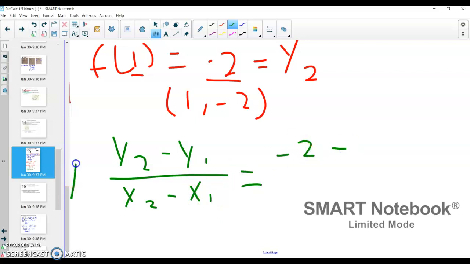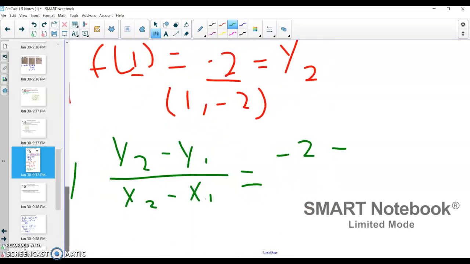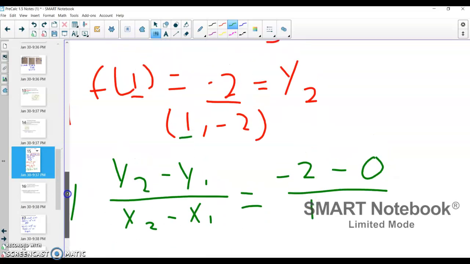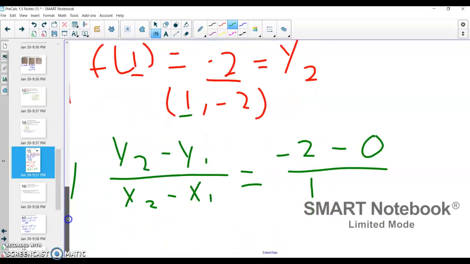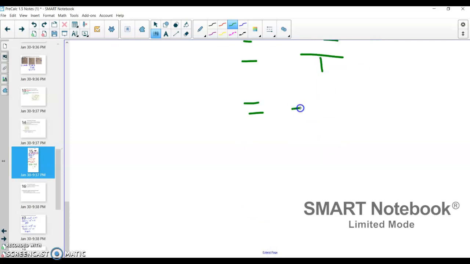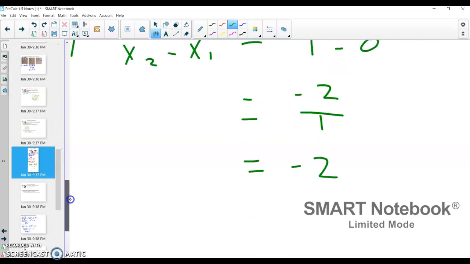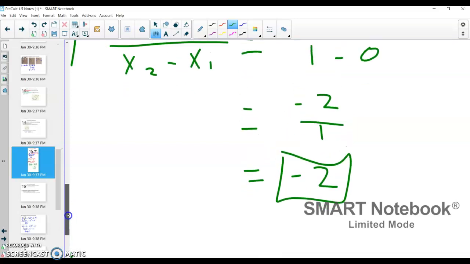My y1 is 0, and so I get negative 2 minus 0. x2 was 1, x1 was 0 from right there, so minus 0, and I get negative 2 over 1, or that reduces down to just negative 2. And that would be my rate of change, is just negative 2.